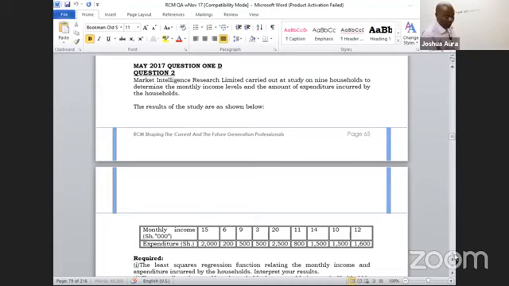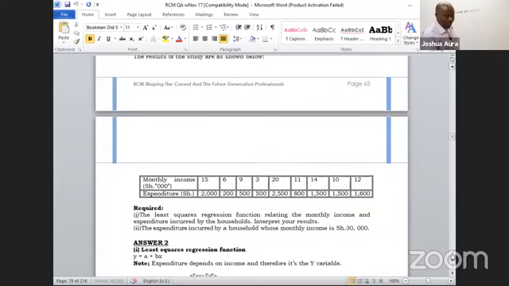So then what do we have here? The least squares regression function relating the monthly income and expenditure incurred by the households. And then they want us to interpret our results.